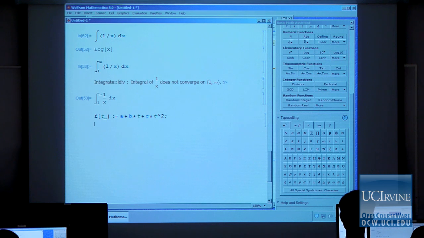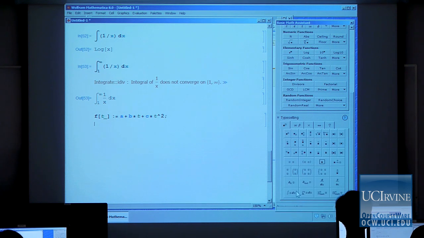And now I'm going to do an integral of this function between time goes from 0 to some later time t. Okay, because I want t to be in my answer. So how do I do that? Get my definite integral. Say 0 is the lower limit, t is the upper limit.